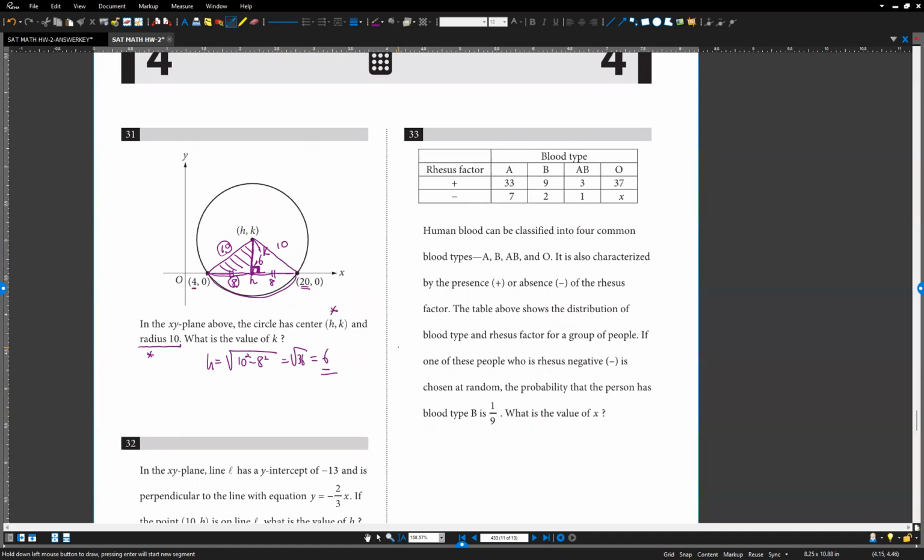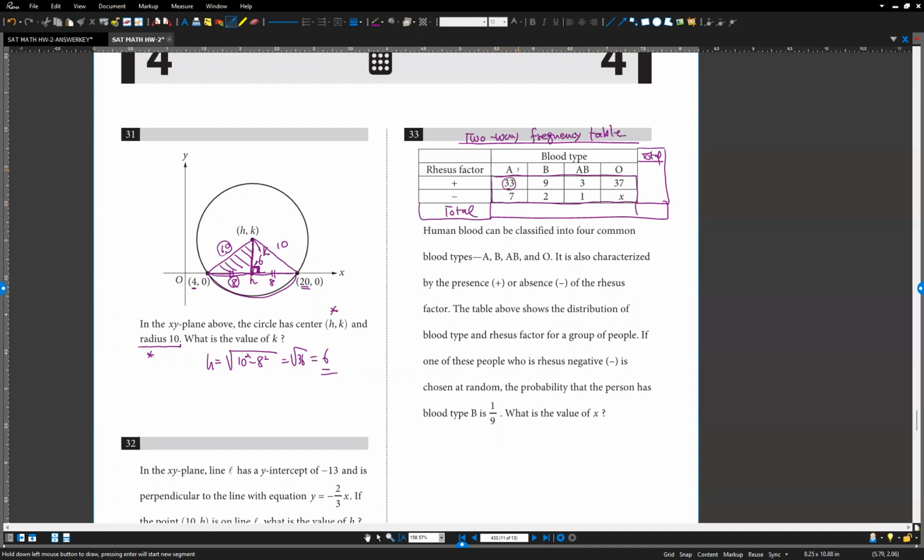Number 33, we have a two-way frequency table. But there's no total over here, and no total over here too. Sometimes they skip the total. Inside, the numbers are two-variable joint frequencies.